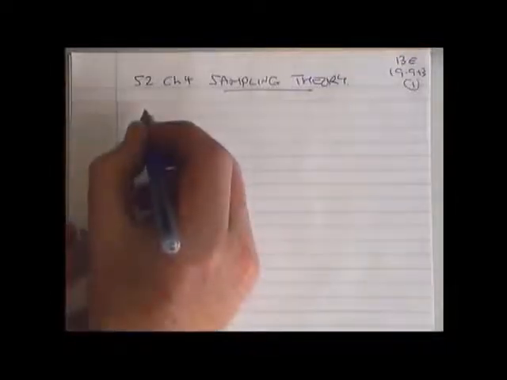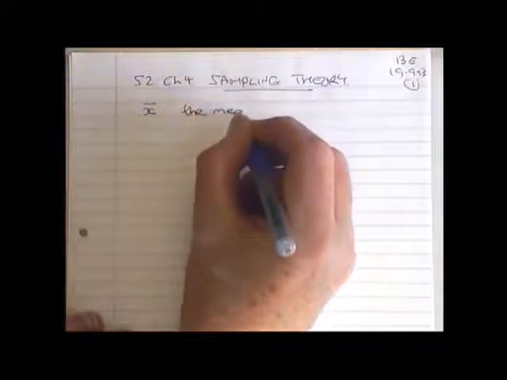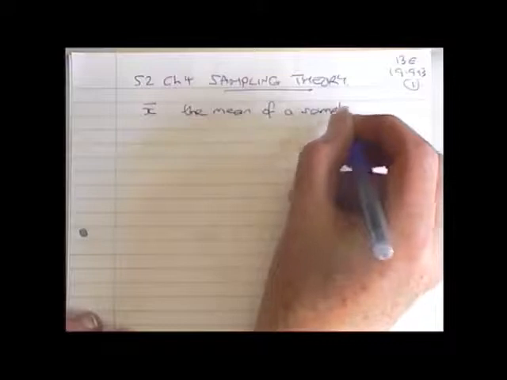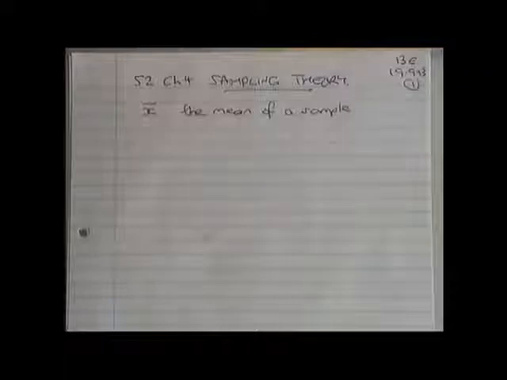Right, first of all, we're going to use the notation which I read as x bar to be the mean of a sample. If I call you collectively 13E, your group name 13E, if I wanted to estimate your mean height, I might just pick 3 of you.